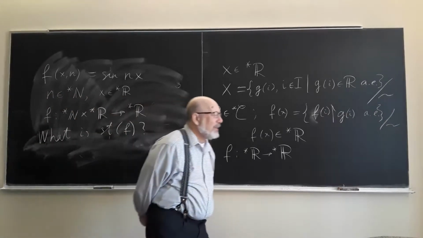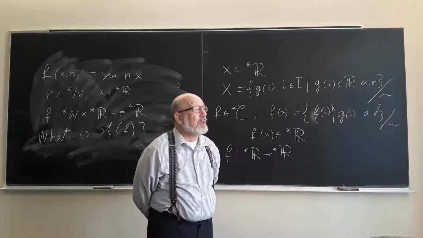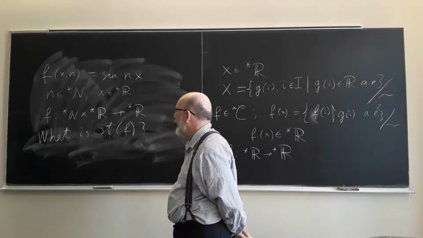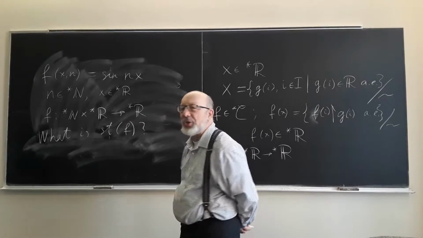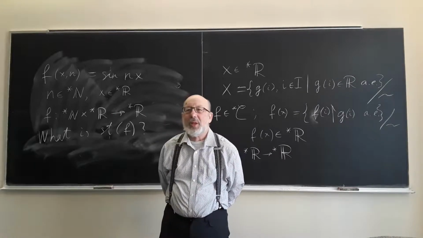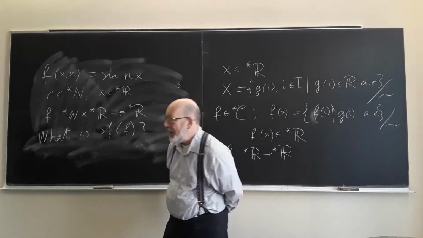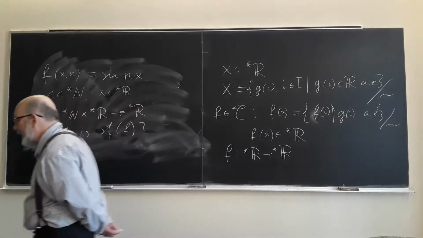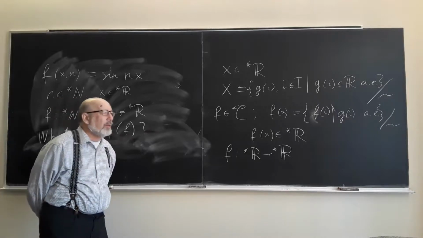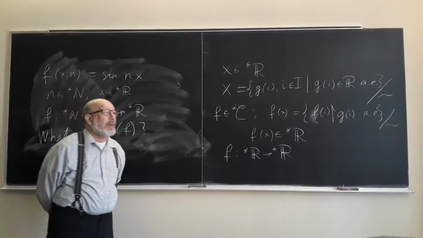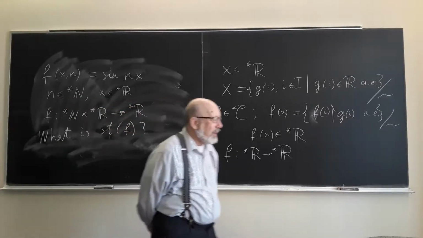So what is the standard part of f, and what is the standard part of any relation, any function, any set, everything. It is a universal thing which works everywhere, and it saves a lot of work. Why is it so important?